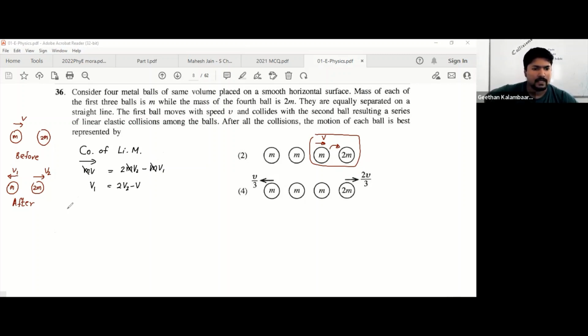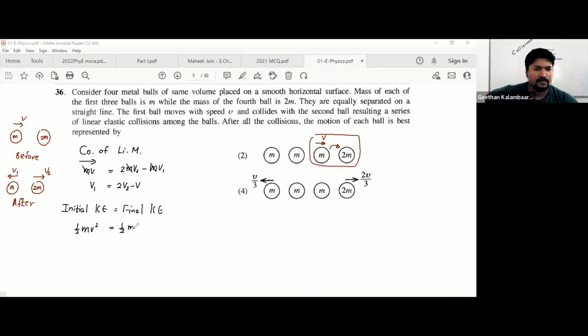Then we can apply the conservation of energy because they are elastic collisions. Initial kinetic energy is equal to final kinetic energy. So initially that is half mv squared.